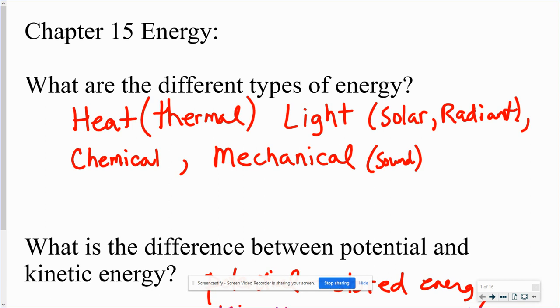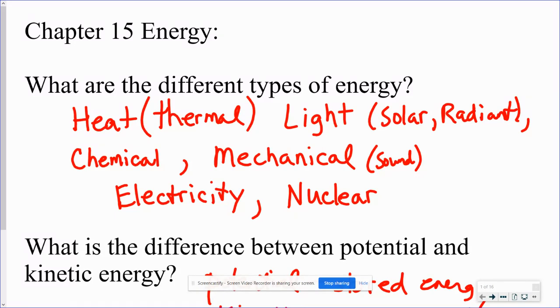Those are all mechanical energy. What else do we have? We have electrical energy, electricity, the movement of the electrons. And we have nuclear energy, the energy stored in the nucleus of atoms that, when we disrupt that, releases a tremendous amount of energy. So those are the different types of energy.